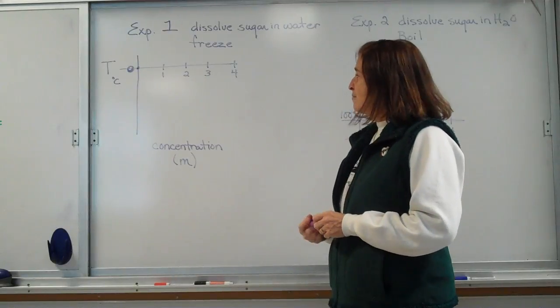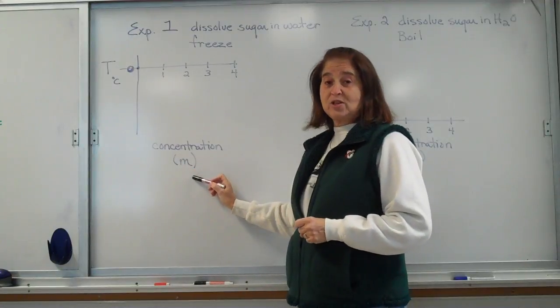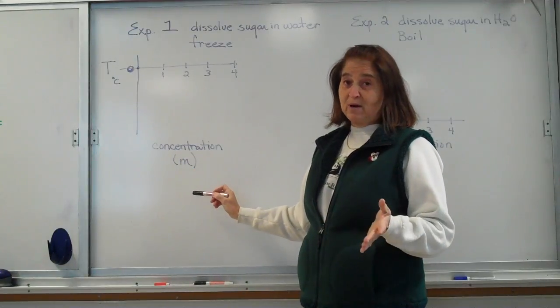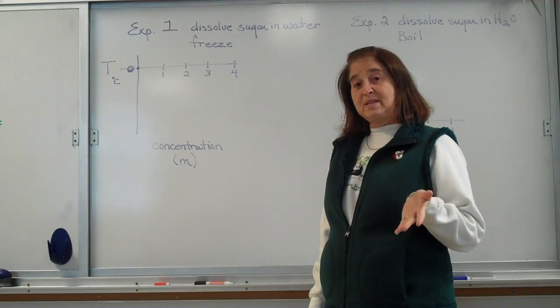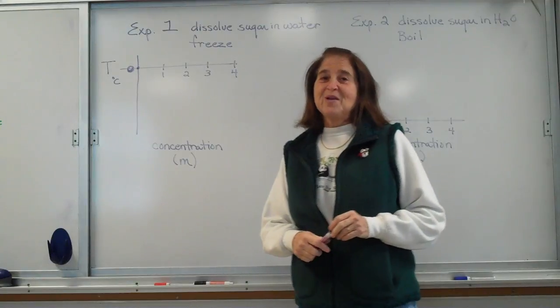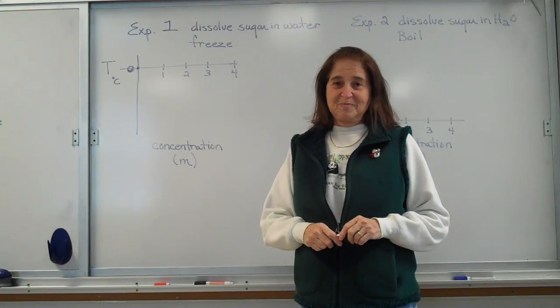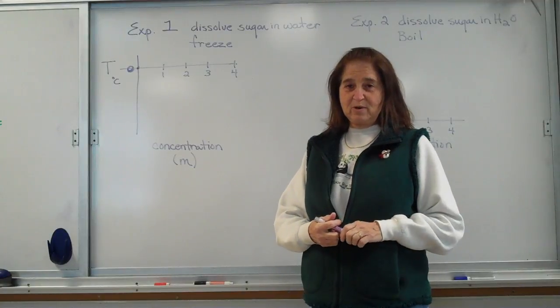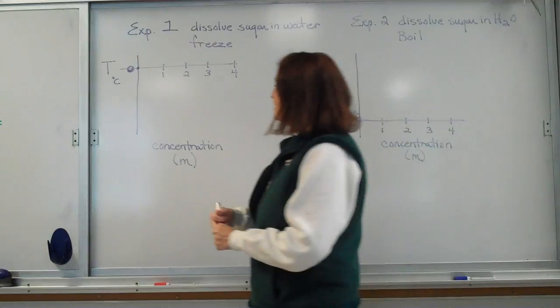If I have pure water, the concentration in molality would be 0, because if there is no solute present, the concentration would be 0 molal. The normal freezing point of pure water is 0 degrees Celsius.